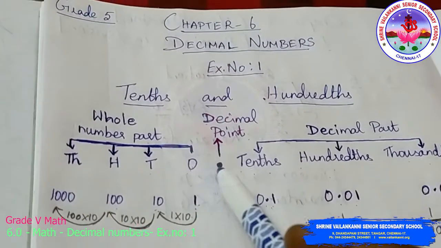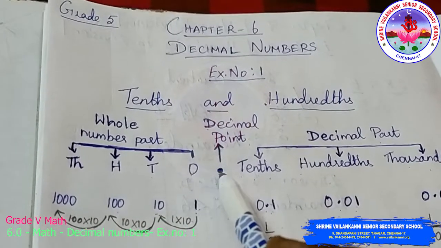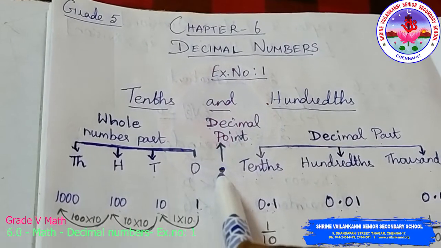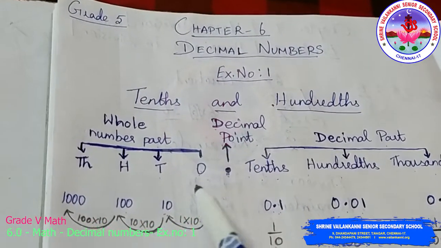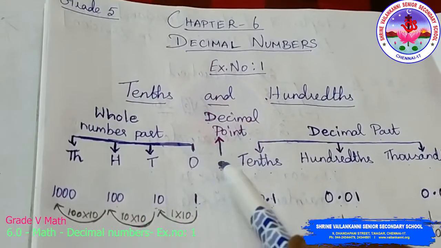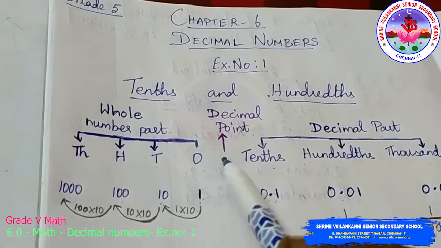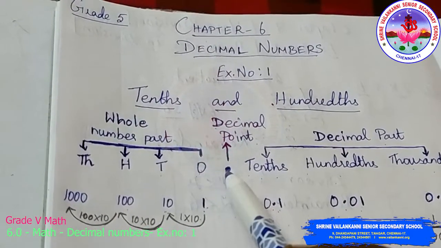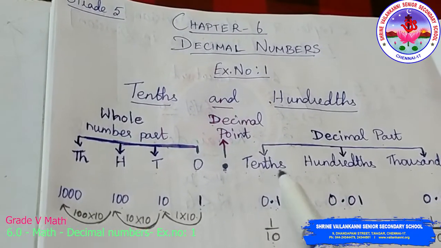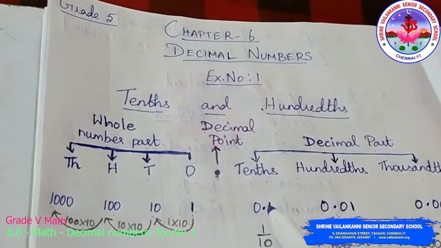That is, if you take the decimal point, the place values towards the left side of the decimal point are each 10 times more than the previous place value. Here, on the right side of the decimal point, these place values are 10 times less than the previous place value. Understood?